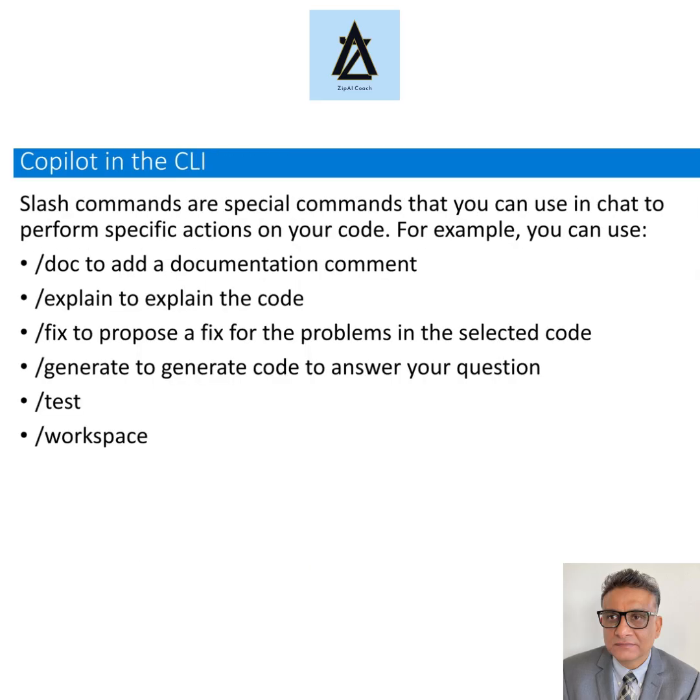So essentially, if you are running Copilot in command line, you can use /doc to add a documentation comment, /explain to explain the code. If there are bugs, you can use /fix, /generate code to answer your question, generate test cases. And if you want to do it for the entire project, you can just provide the context as /workspace.